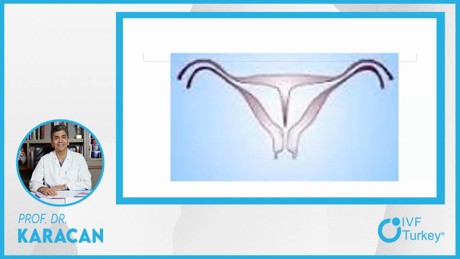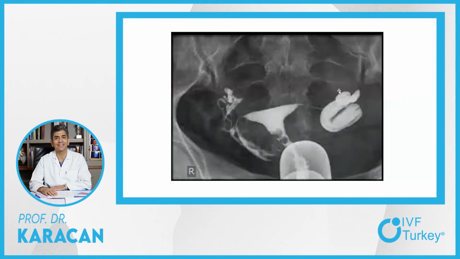It's very important. The other one, as I mentioned, is a hydrosalpinx. The fluid inside this tube might leak into the uterine cavity and disturb the endometrial receptivity, causing implantation failure. So it should be removed. Hydrosalpinx should be removed before any IVF attempt.